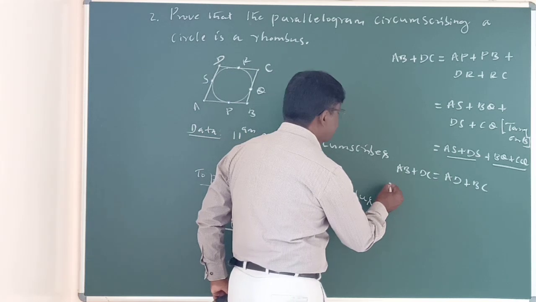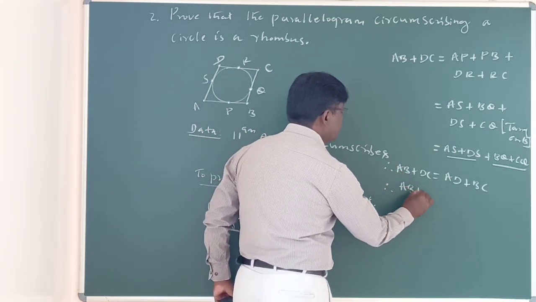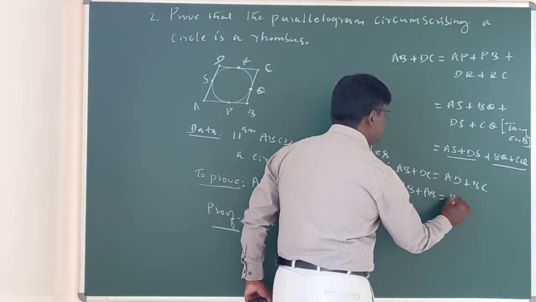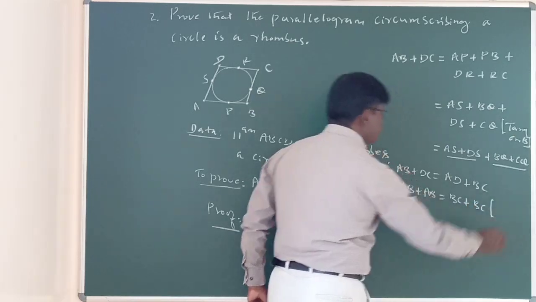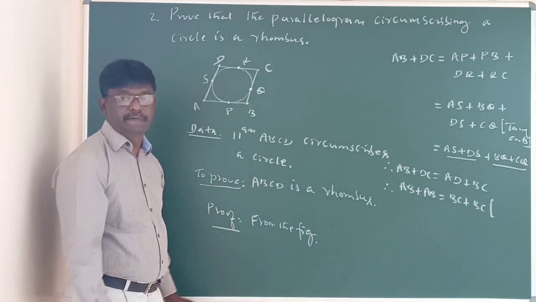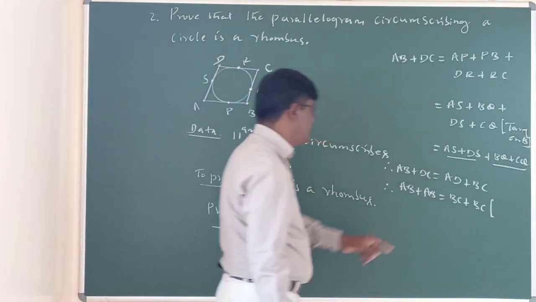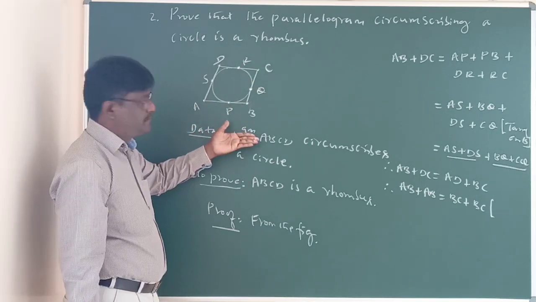Now therefore, AB plus AB equals BC plus BC. How does this come? In place of DC, I have written AB, since opposite sides of a parallelogram are equal.